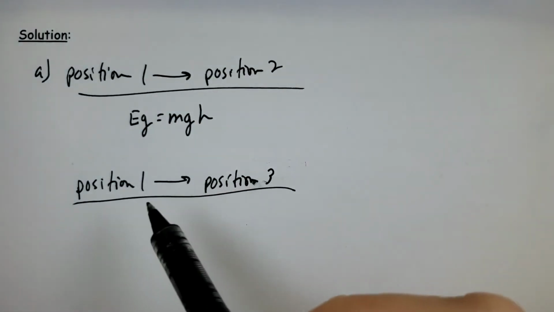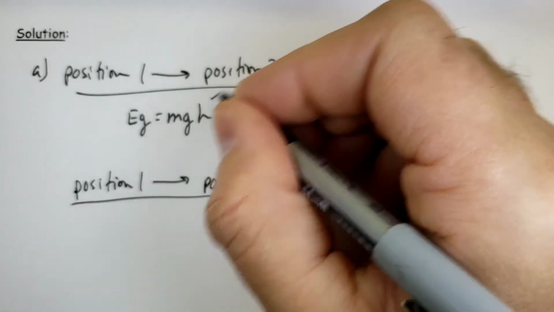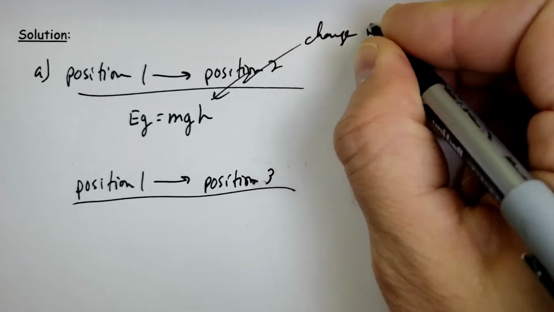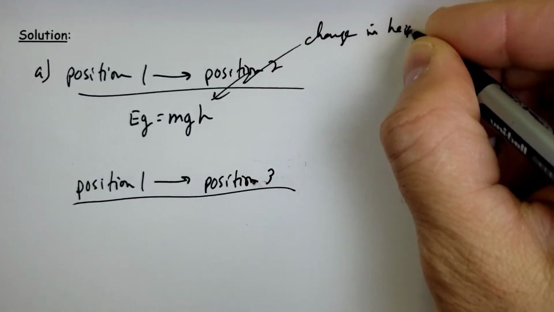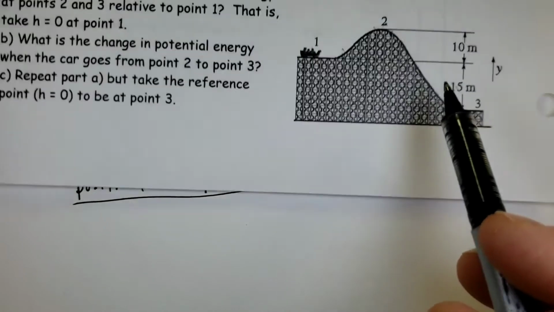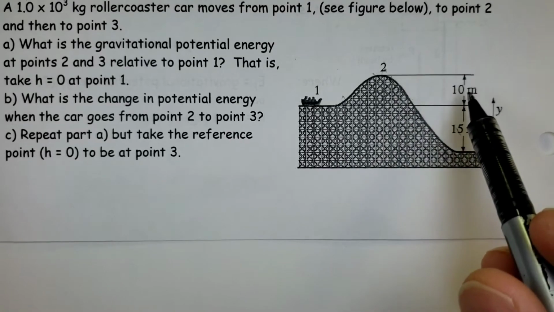Now technically we're figuring out the change in potential energy, but what we can do is, for h here, figure out the change in height. And of course that's what we're given here. We're given the change of height in between position 1 and position 2. It's 10 meters.